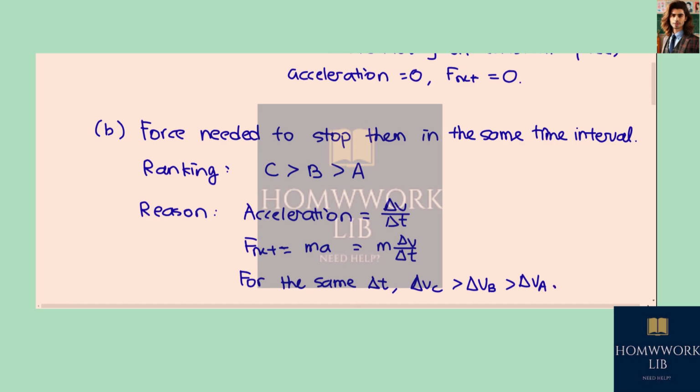So delta Vc is the greatest, followed by delta Vb, and then delta Va.